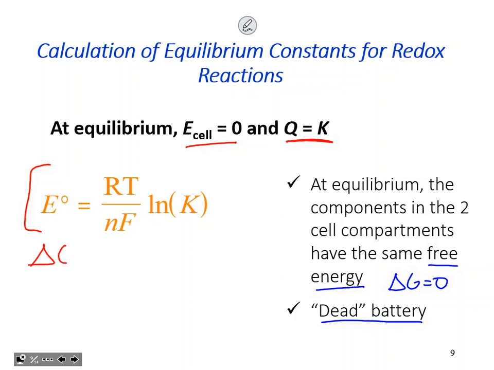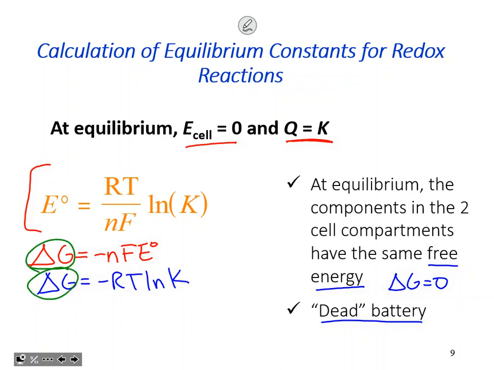You have your delta G equals negative NF E, and we also have delta G equals negative RT ln K. Now because these both have delta G in them, you can set them equal to each other and derive this equation right here.